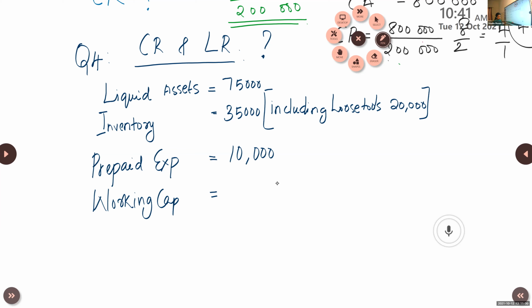Yeah. How do you find it? We need both current ratio as well as liquid ratio. Liquid assets 75,000, inventory 35,000, including loose tools 20,000, prepaid expense 10,000, working capital 60,000.